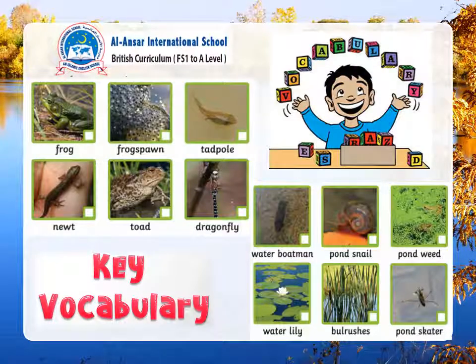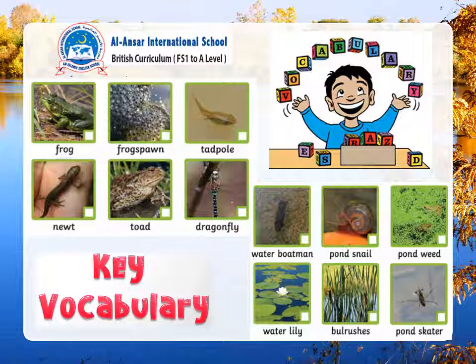Here we go with a key vocabulary. Let's see, we have here on the left frog, frog's spawn. Frog's spawn are eggs of the frog. Then tadpole, the baby frog, and newt. Newt is a lizard-looking creature that lives there in the pond.